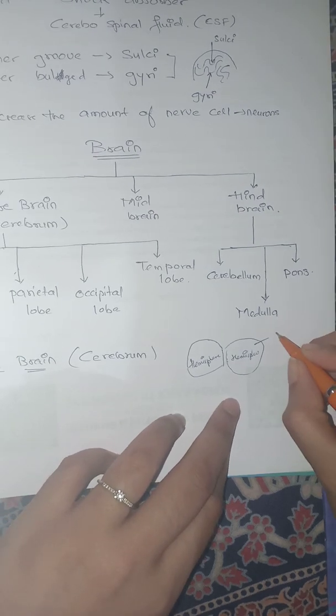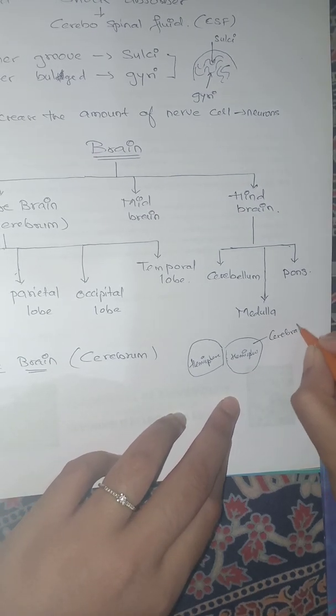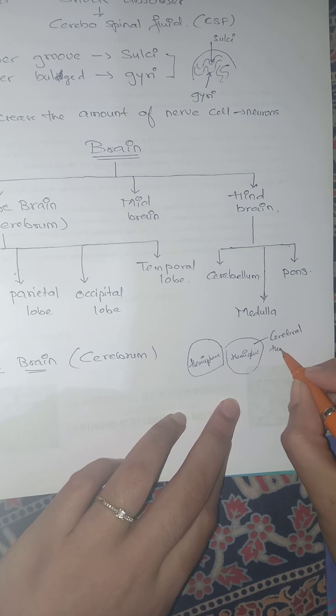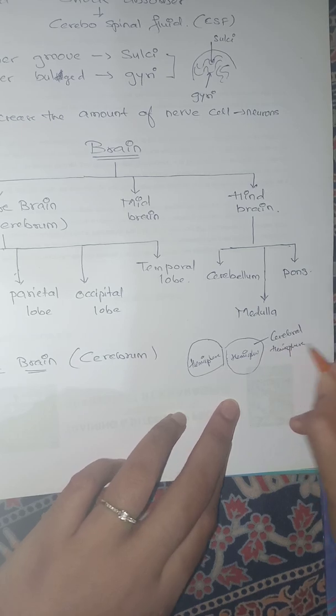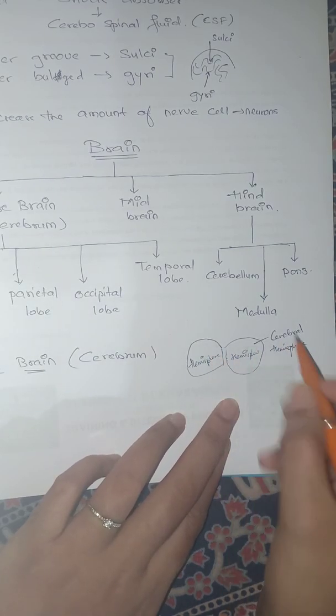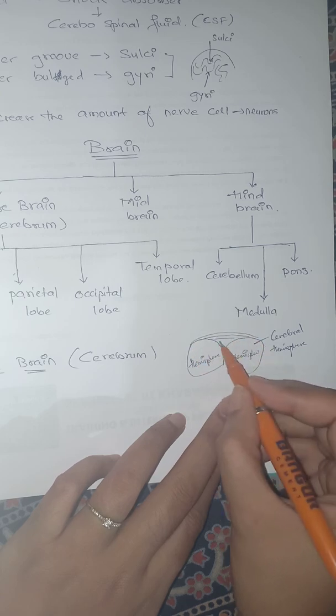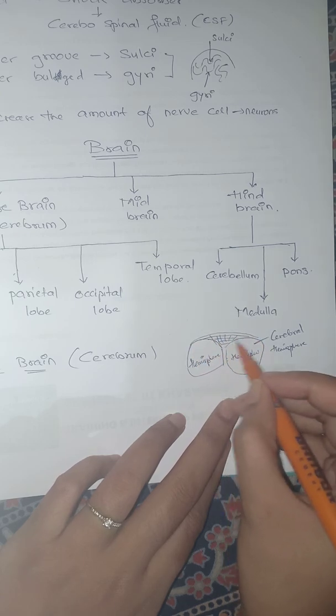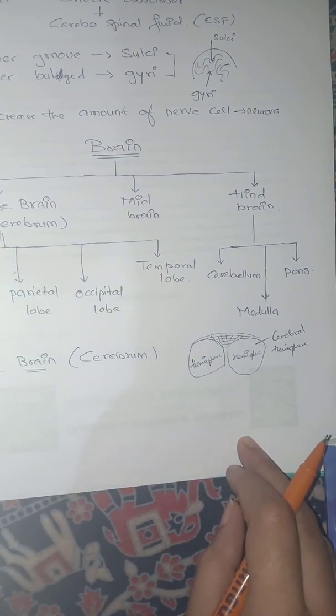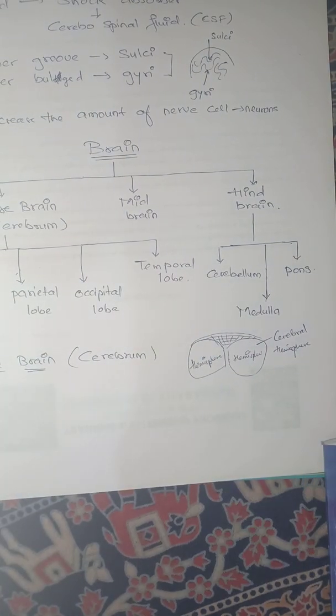These two cerebral hemispheres are connected with each other by a membranous tissue called the corpus callosum.